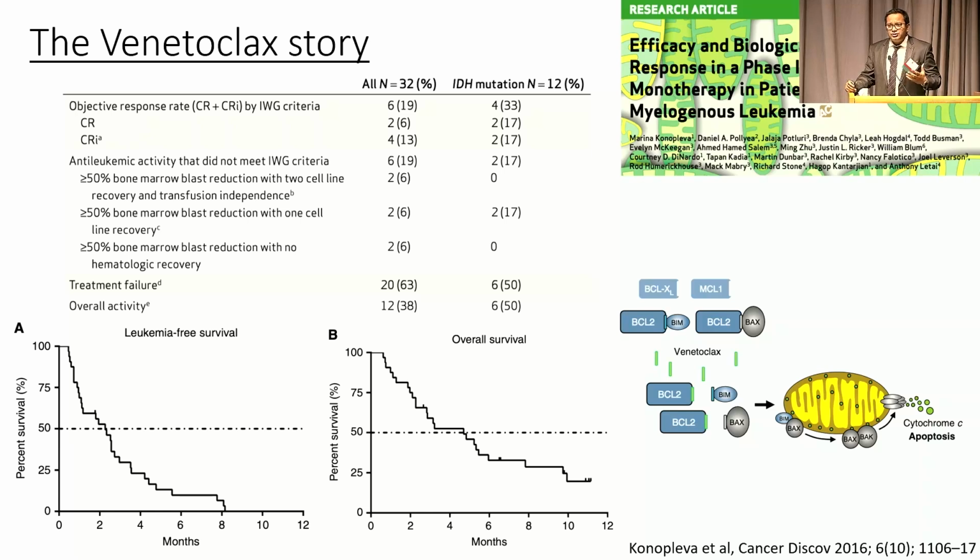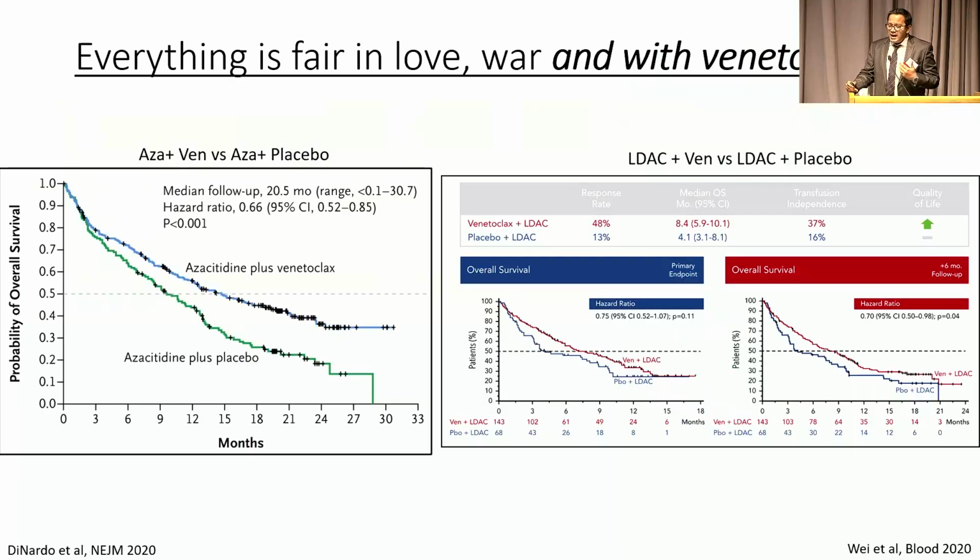But as research in basic sciences moved forward, we realized that it essentially reduces the apoptotic threshold of cells and needs something added on to it for maximum potency in myeloid disorders, unlike in CLL, where it's efficacious as a single agent. And then we moved forward in the field, and now everything is fair in love and war. We have studied Venetoclax in CLL, in AML, in ALL, CMML, and now even in CML, where we are running a trial. But how has been the progress truly?